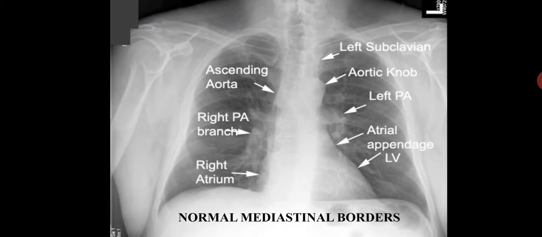And here you can see the ascending aorta, the right pulmonary artery branch, and the right atrium. This is the left subclavian. This is the aortic knob or aortic knuckle, the left pulmonary artery, the left atrial appendage, and the left ventricle. These structures form the left heart border, and these structures are very important.